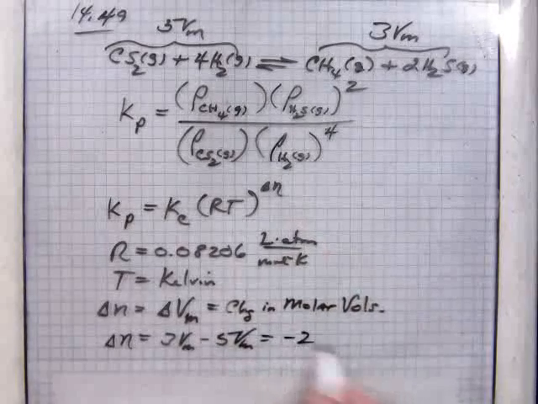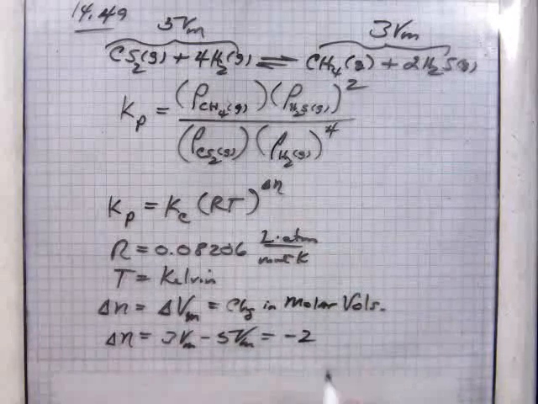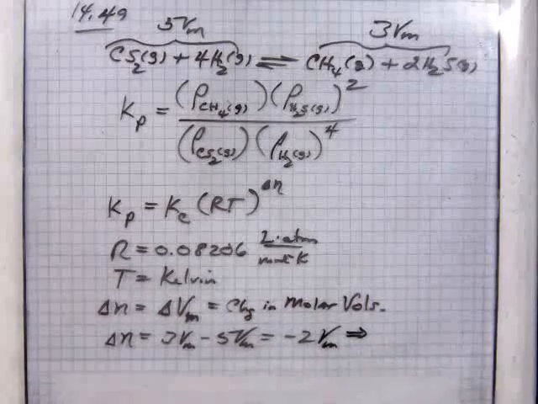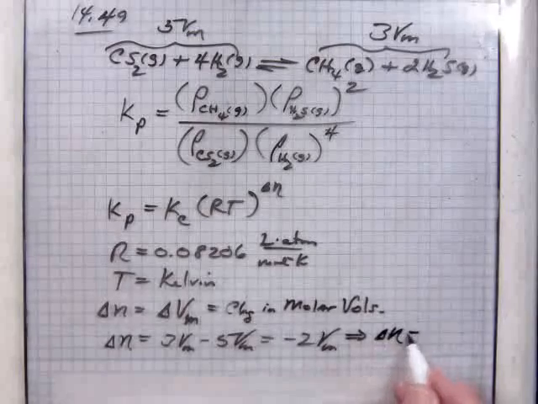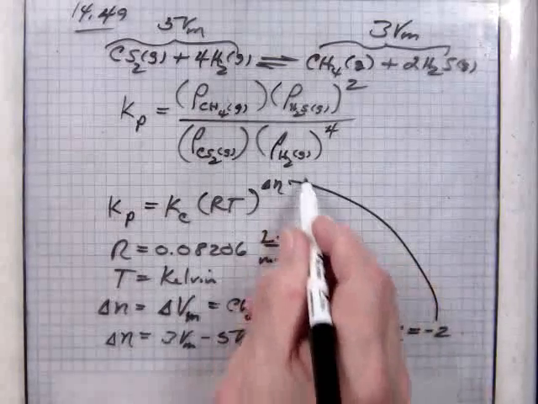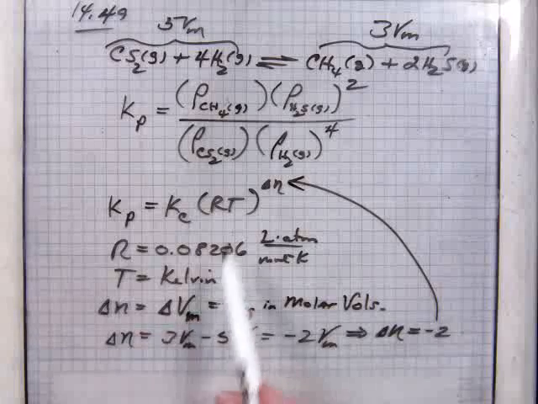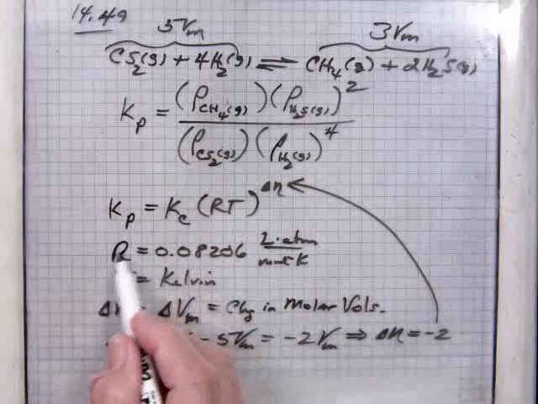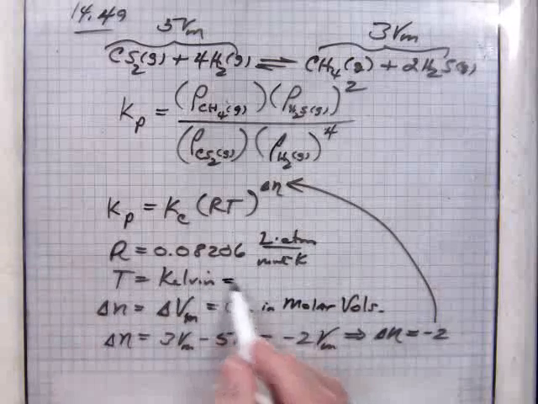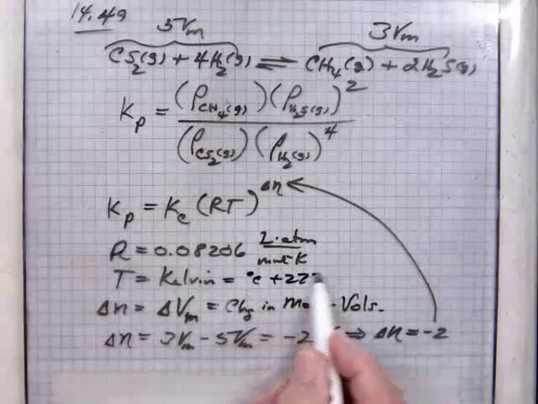a -2. It has a decrease in 2 molar volumes, and you assume delta N to be -2. And that's what you place in that expression. And R is a constant, as published on your reference sheets. Kelvin is, of course, degrees C plus 273.